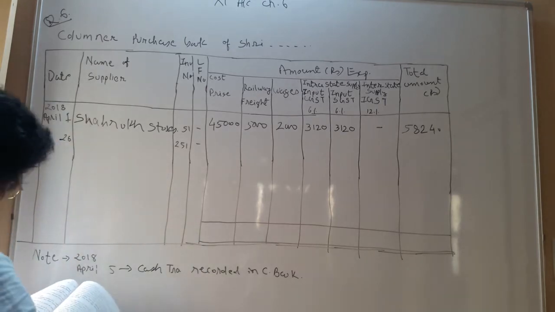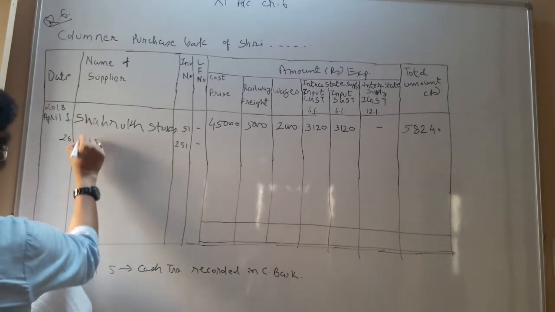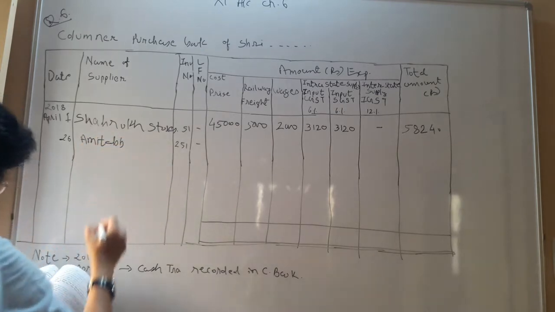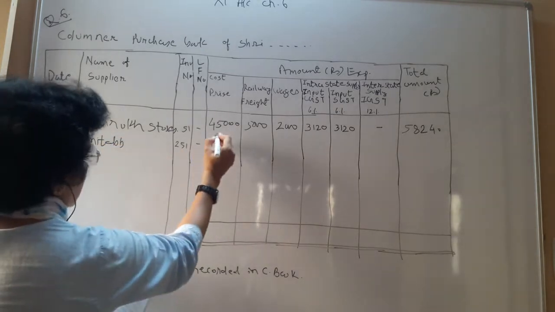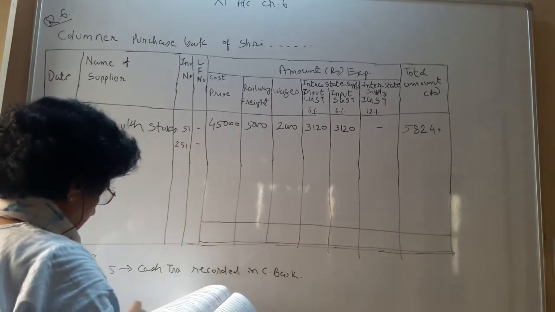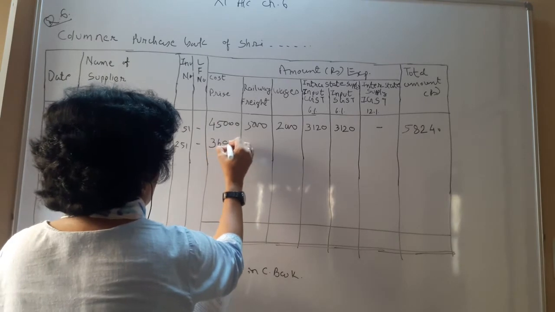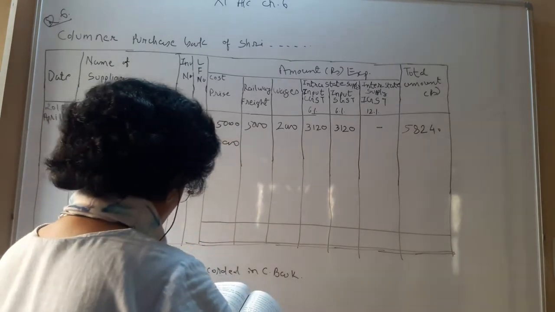So let us record the 20th. You are purchasing goods from Amitabh. The amount of the transaction becomes 40,000 minus 4,000, so 36,000 is to be recorded in the column.